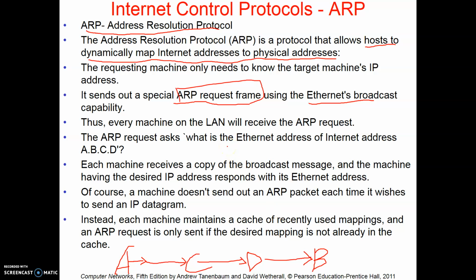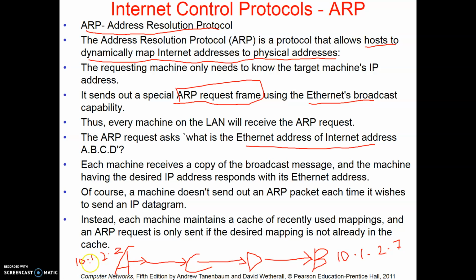This is the next question. A will ask what the Ethernet address of a particular internet address is. Suppose A wants to communicate with B, and A has the internet address of B. For example, the internet address of A is 10.1.2.2, and the internet address of B is 10.1.2.7.